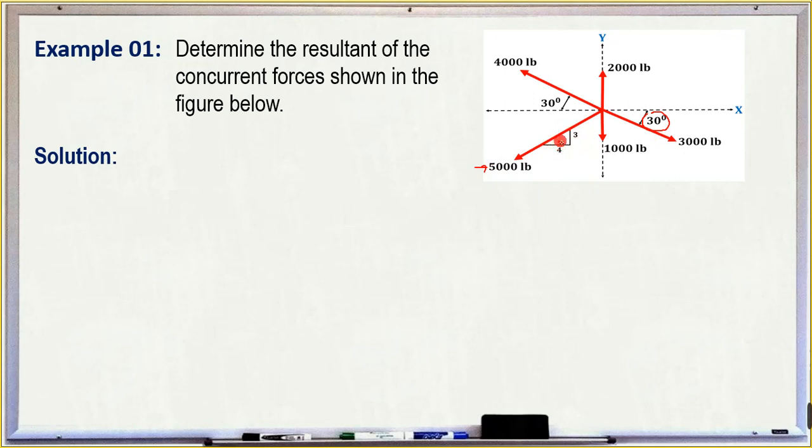Now, if it is represented like that, we then interpret it. For the 500 pounds, we put theta there. The choice of theta is with respect to the x-axis, for uniformity.